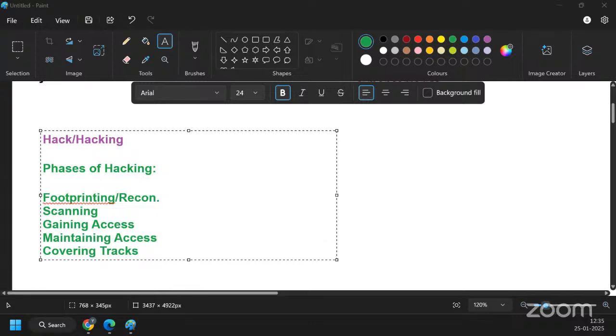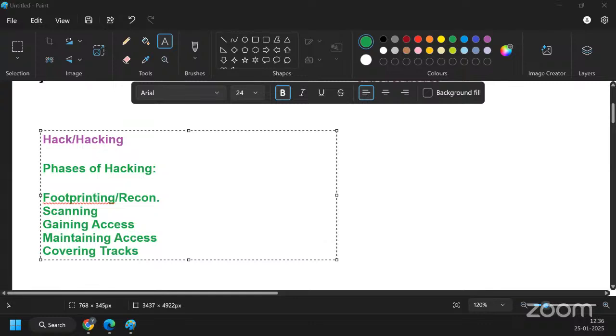After finding out all that information, we can plan the next phase of our task, which is gaining access. Afterwards, we have found the vulnerabilities present in Jaspreet's system, so we can go ahead and compromise it easily.